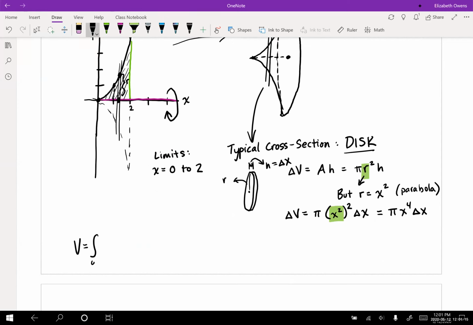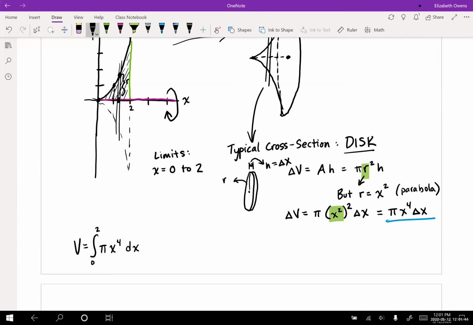We're going from 0 to 2, and inside, you just put your little delta v expression, because that already incorporates the cross-sectional area. So we'll have pi x to the fourth. And remember, inside an integral, you don't write delta x, you write dx, to show the variable of integration.